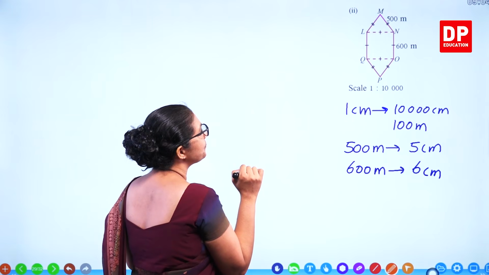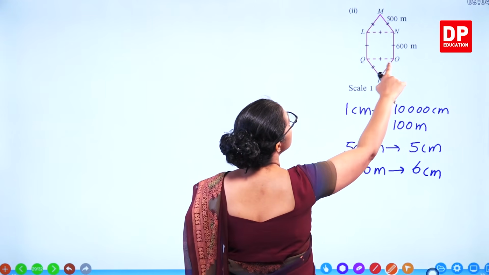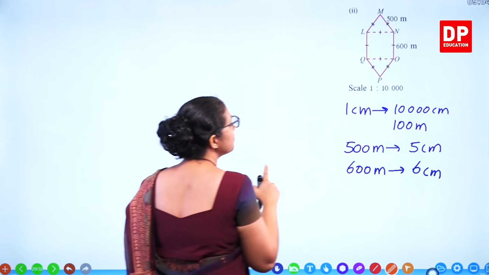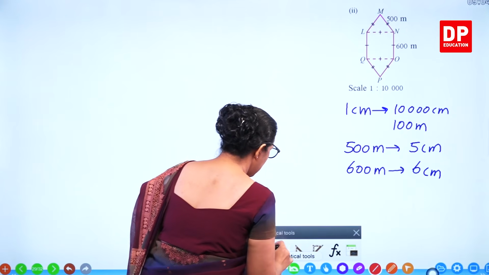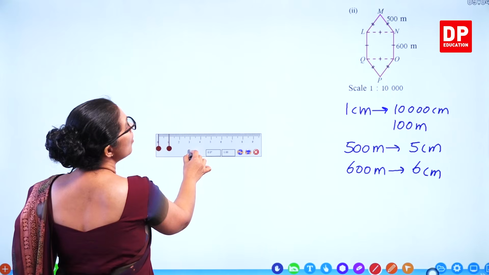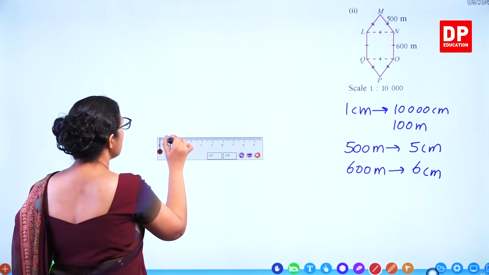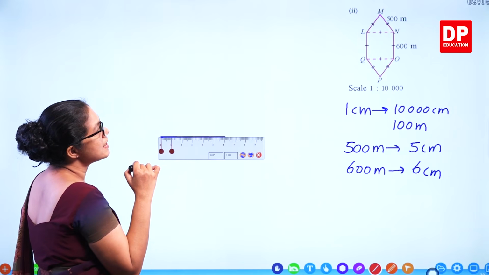So we can first draw 600 meter length. That means 6 centimeters. So you take the ruler. So we'll draw OQ line first. 6 centimeter length. So this is 6 centimeter length.